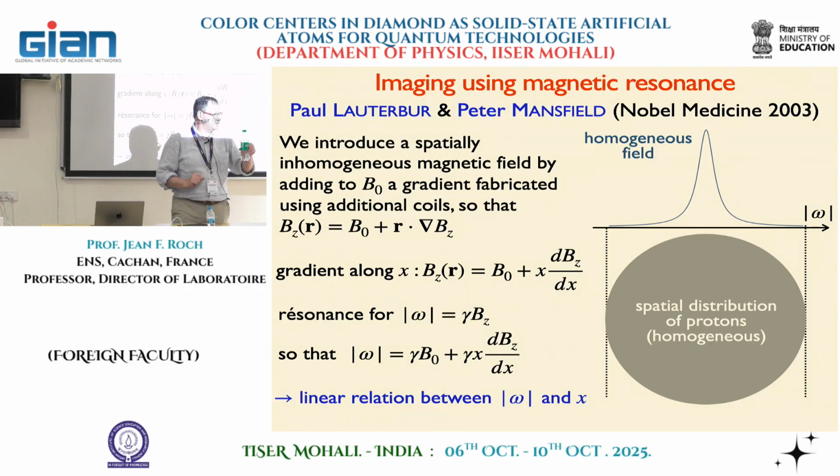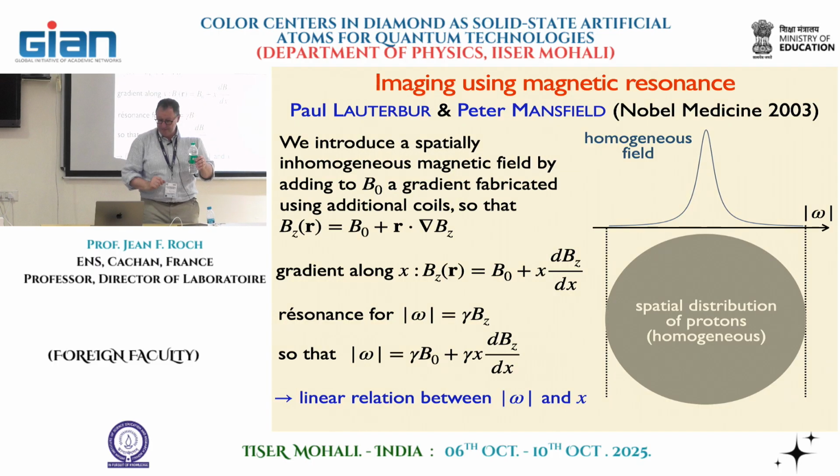What will be the resonance signal? You see that the resonance frequency is, of course, gamma B0 plus gamma x times the gradient of the static magnetic field along this direction. This tells me that I have established a linear relation between omega and the position along this direction.